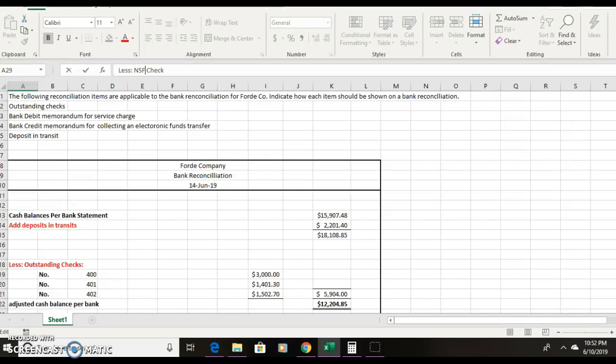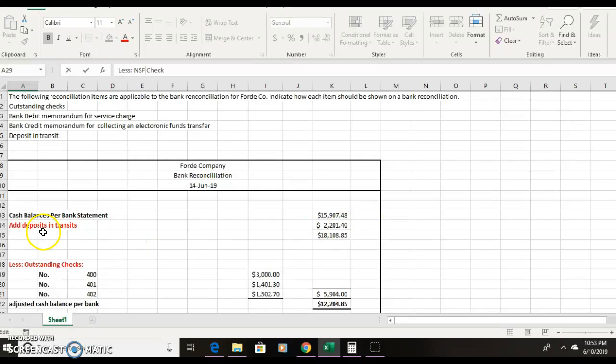Okay. And so step 1 is deposit in transit, and this is where we add. As I went through and added the information, we have cash balances per bank statement. We looked at our bank statement, and this is what our cash balance came to: $15,907.48.